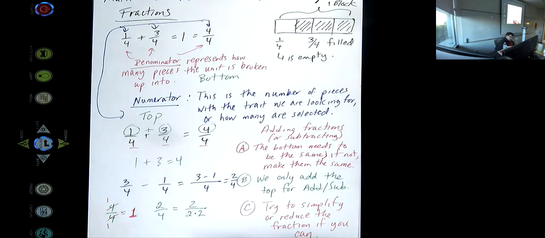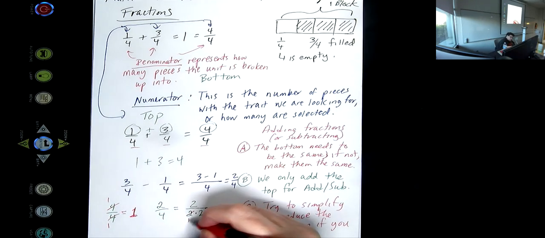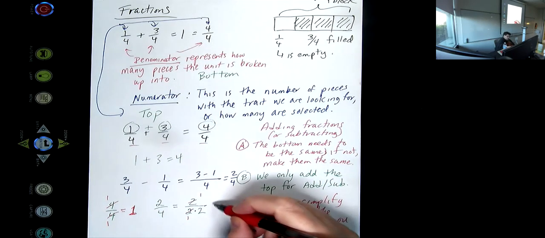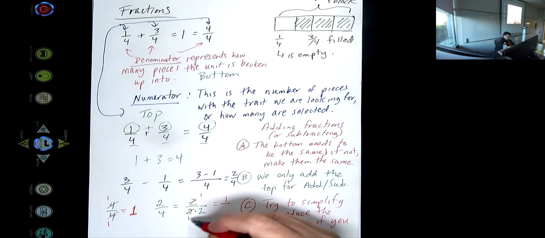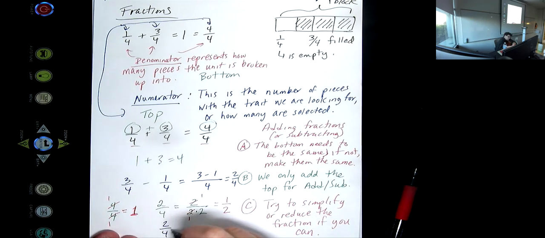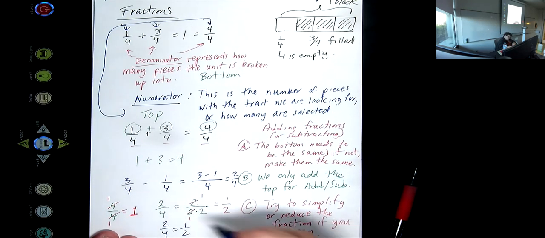I can only cancel out one of the 2s on bottom to cancel the one on top. So now I'm left with 1 on top, and 1 times 2 on bottom is 2. So I've got 1/2. So 2/4 is the same as 1/2. These are called equivalent fractions.